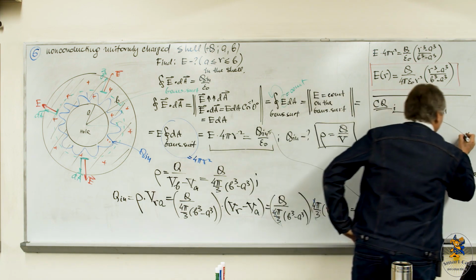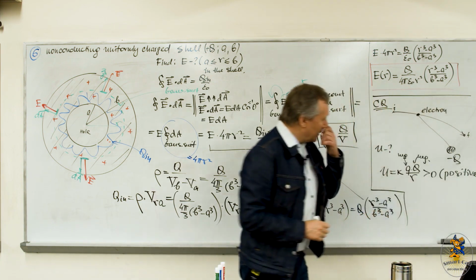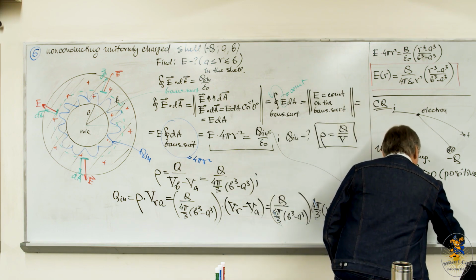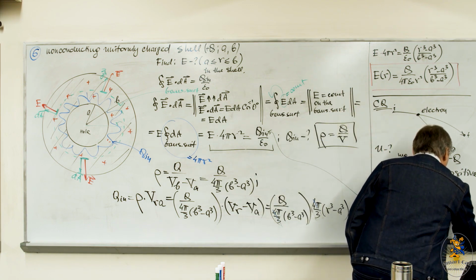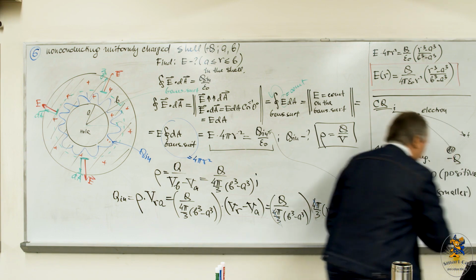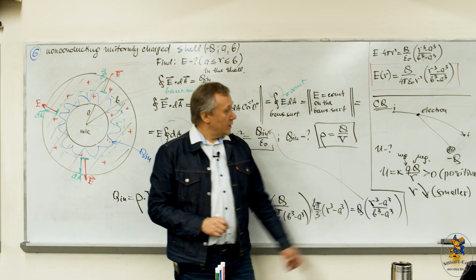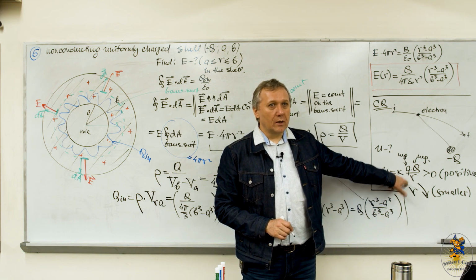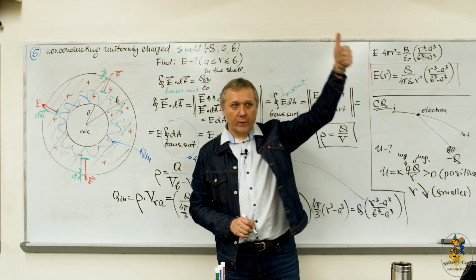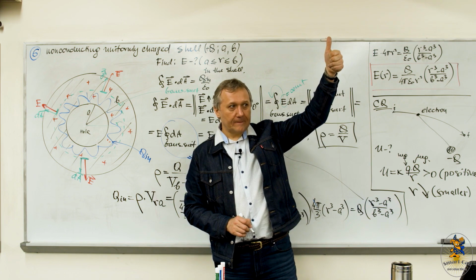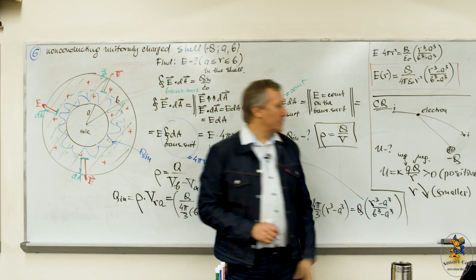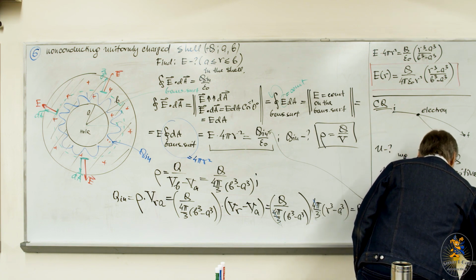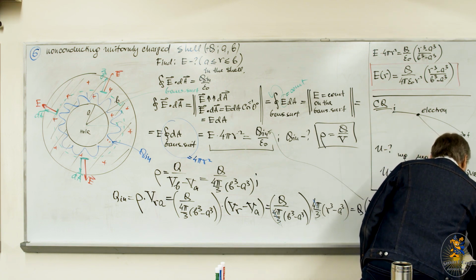All right, so r is getting smaller, and since it is in the denominator, it means that potential energy is getting larger. So U is growing in time.